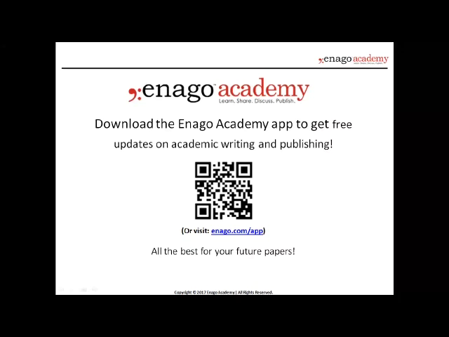Basically, the way to do this is, first of all, try to find out what you're trying to publish. Then go to simagojr.com or the Clarivate Analytics website. They'll give you a list of journals with journal metrics and impact factors.